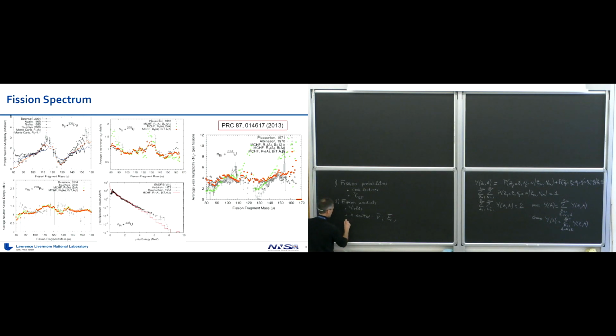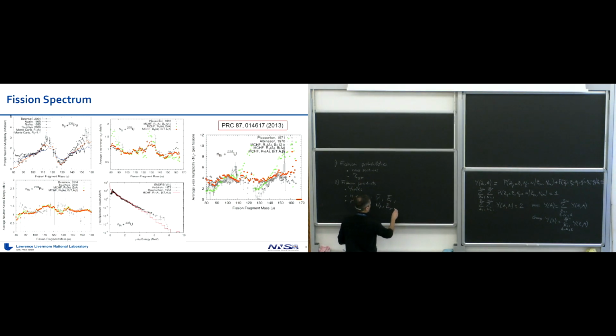In addition to this, there are a number of photons emitted, characterized by the photon multiplicity, which is the average number of photons emitted by the fragments, and then some average gamma energy of these fragments, and possibly other things. So this is the prompt fission spectrum.